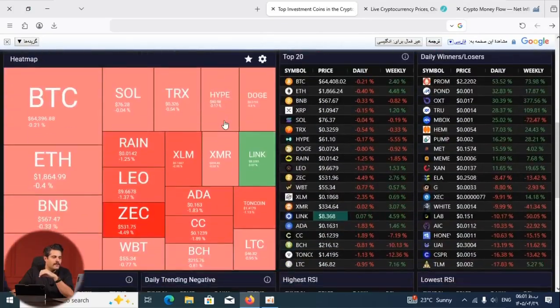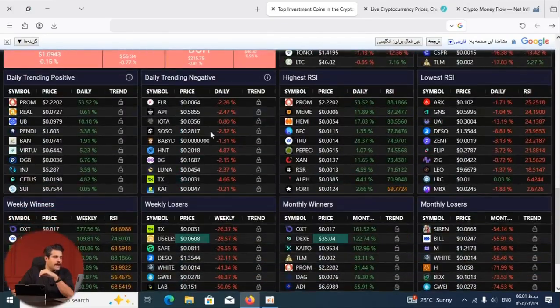In the Terminal, if I scroll down a bit with my mouse, I see 2 different sections here, Daily Trending Positive and Daily Trending Negative. I see some coins as daily positive trends and some coins as daily negative trends, meaning which coins have a positive trend today and which ones have a negative trend.